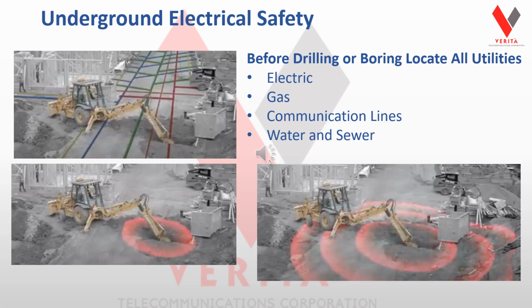If we're going to go below the utilities, we want to dig down below them at the depth we're going to cross. We want to have eyeballs. We want to see that drill head passing as it goes forward, and we also want to have eyeballs on it on the pullback.